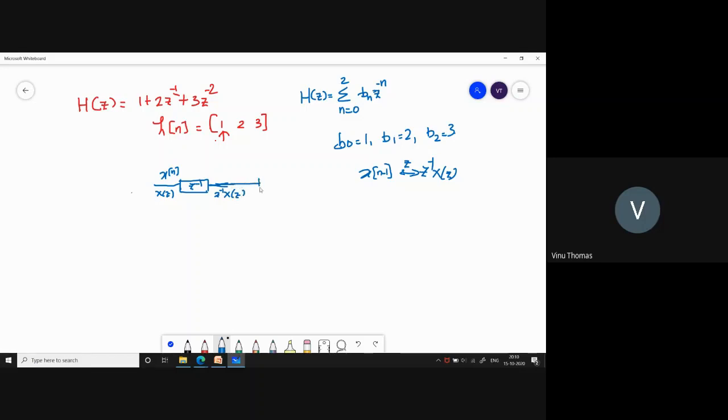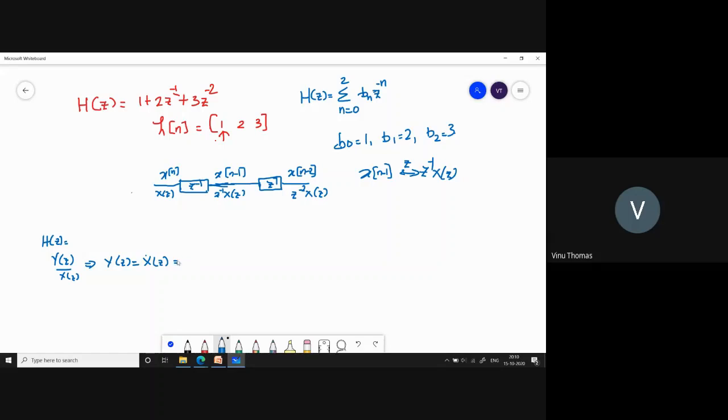Now if I again delay this by z raised to minus 1, so each z raised to minus 1 is a delay element, here I will have x of n minus 1 and this is x of n minus 2. And here this should be z raised to minus 2 into x of z. Is that understood? So h of z is equal to y of z by x of z, implying y of z is equal to x of z into h of z.